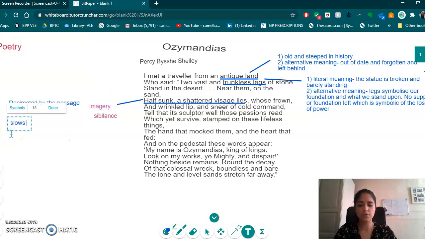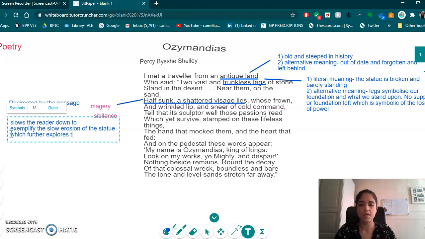It slows the reader down to exemplify a slow erosion, perhaps, of the statue, which kind of further explores the painful decay of the statue.